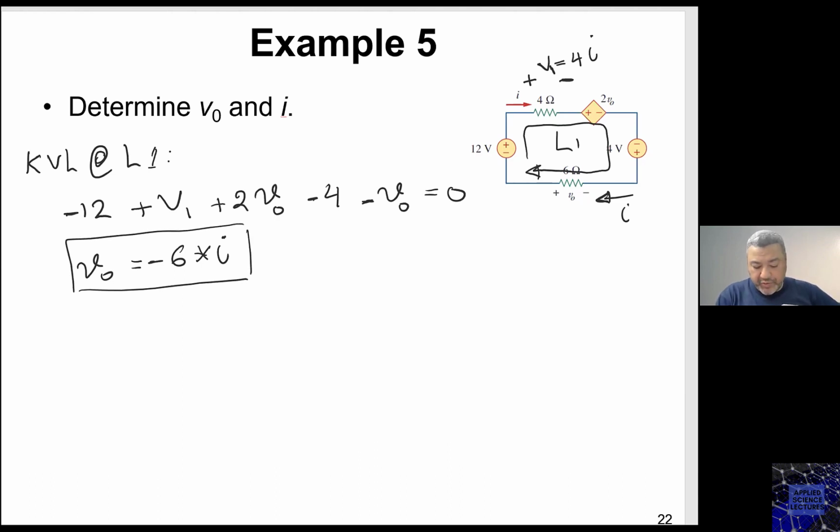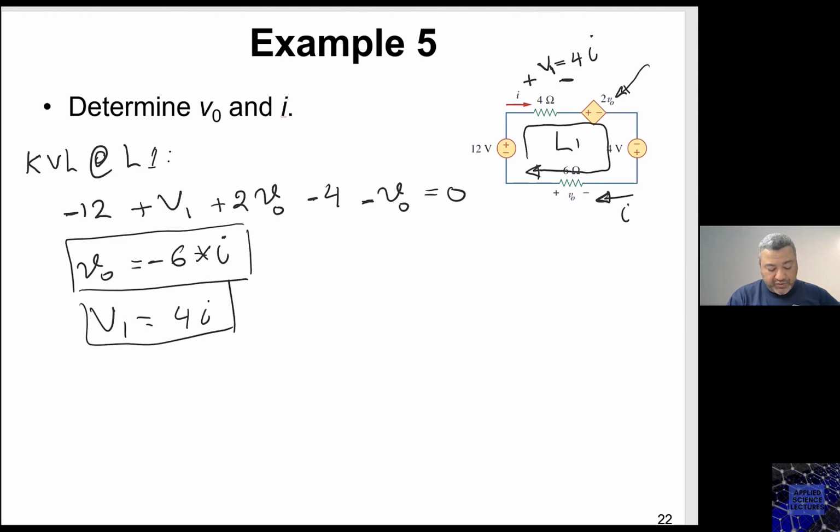Our controlling parameter here is V naught, if you recall. So this is a voltage source controlled by V naught. The relationship between V naught and I is this. We know that V1 also is 4I.